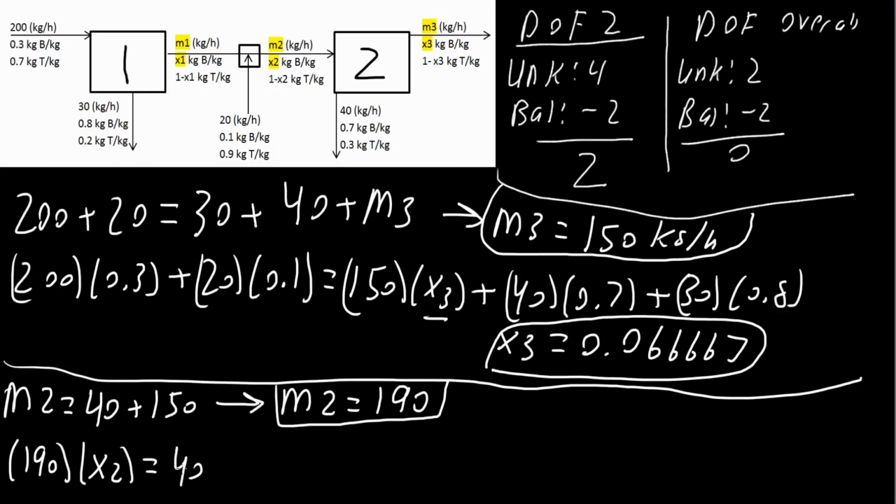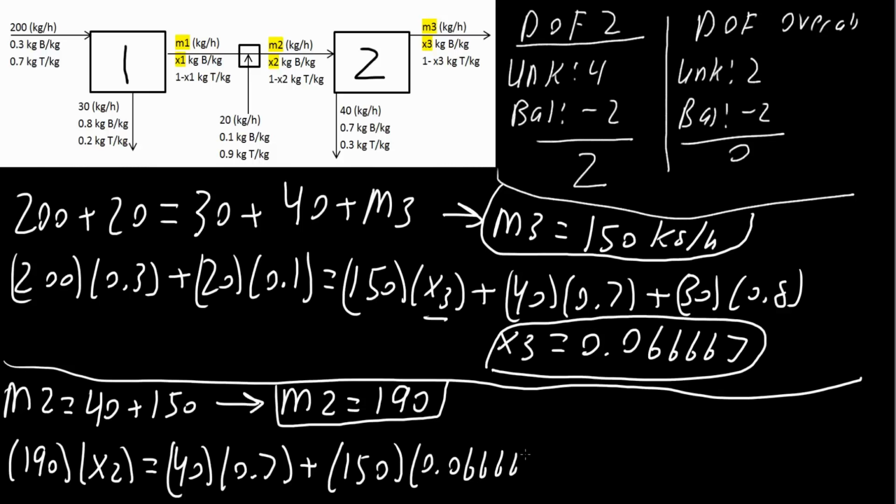So 40 times 0.7 plus 150 times X3, which was 0.066667. By doing this, we get X2 will equal 0.2.